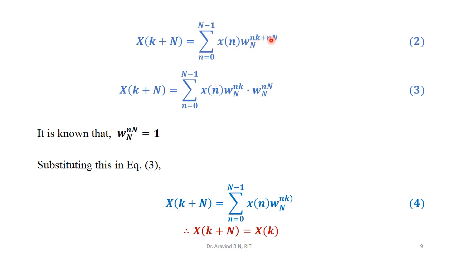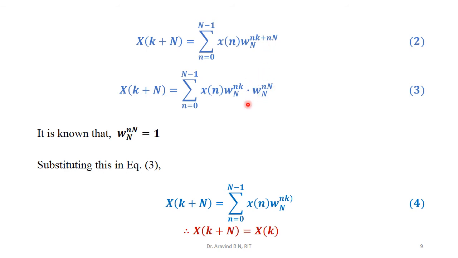That bracket has been removed and it has been made as separate terms. Now we can still further simplify this twiddle factor. Summation n is equal to 0 to N minus 1 x of n omega N to the power nk is the first term, then the second term is omega N to the power nN.